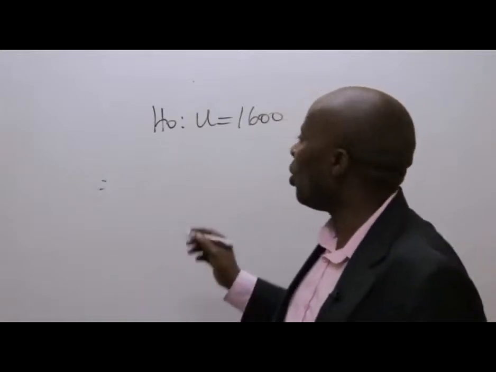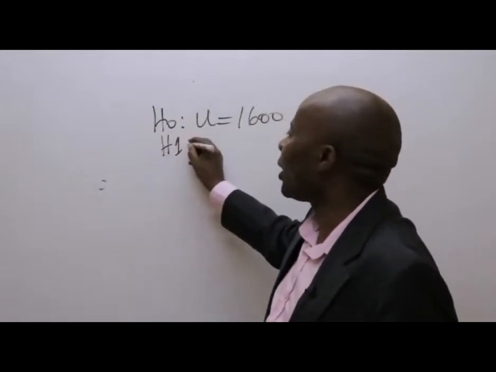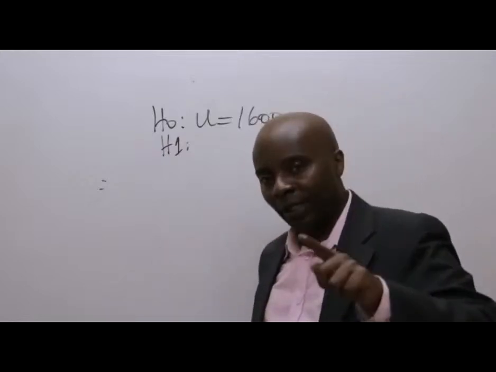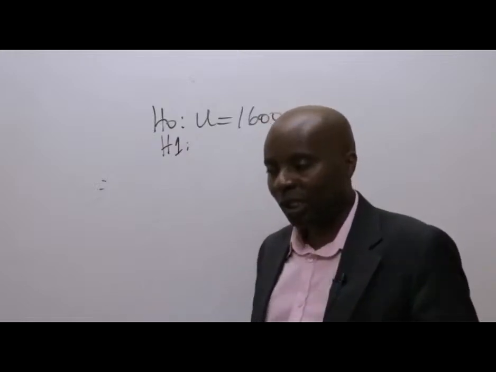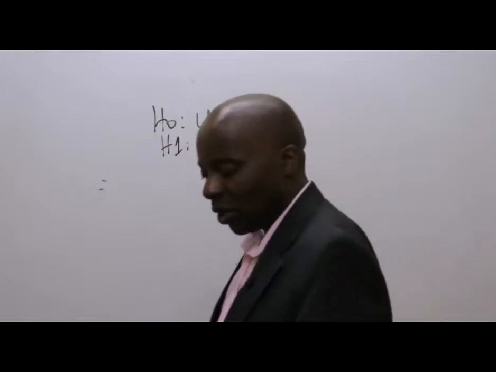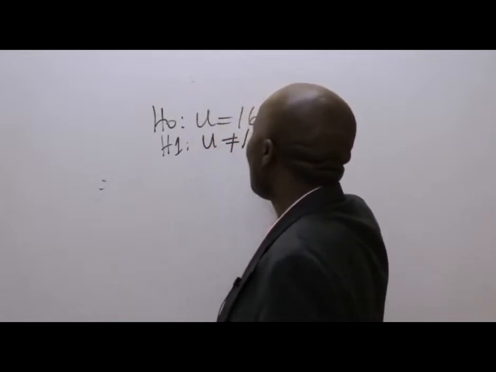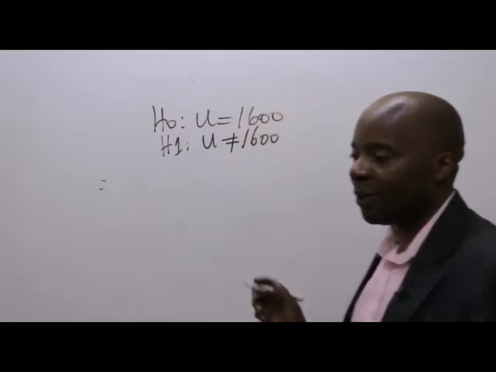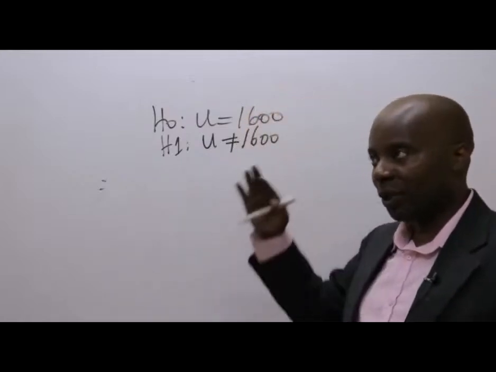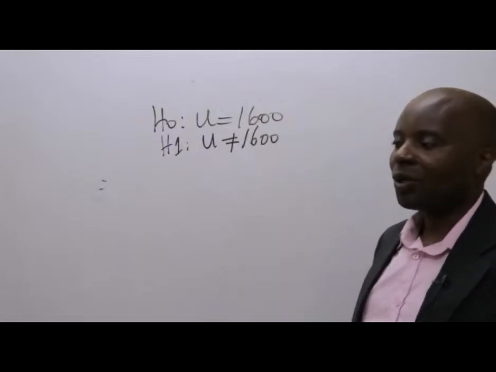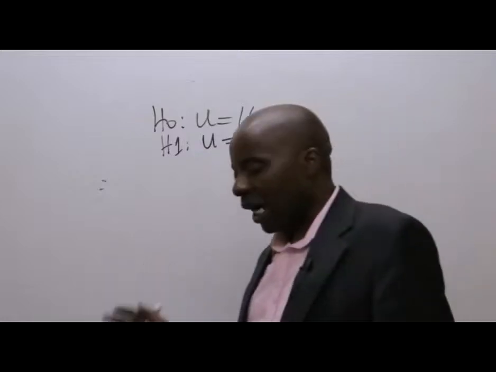I know that some of these bulbs will take longer, others will take shorter. So my alternative claim will be u is not equal to 1,600. Why? Because I appreciate the fact that some bulbs will take more time and the other bulbs will take less time. So this is my alternative hypothesis.